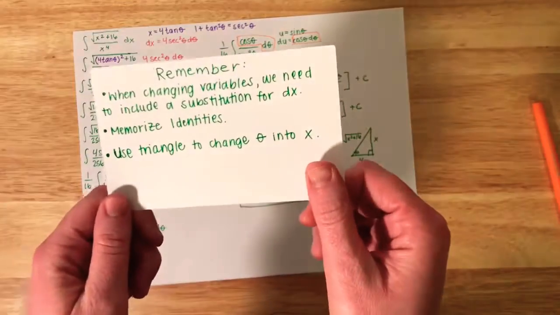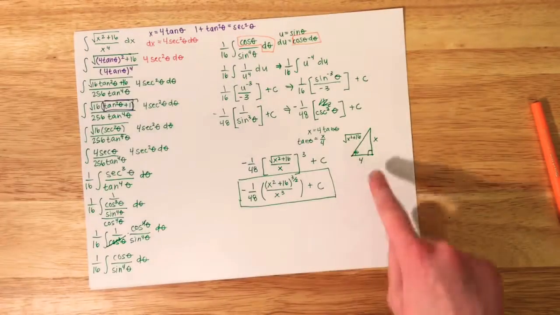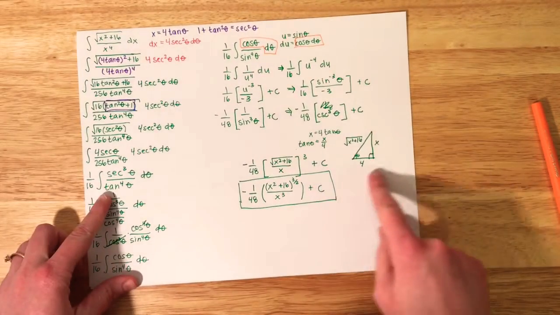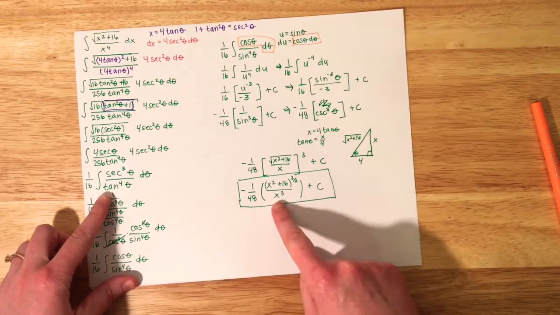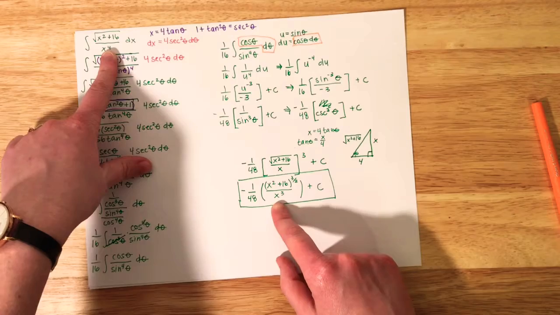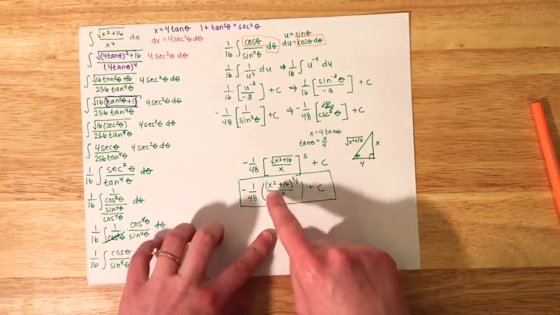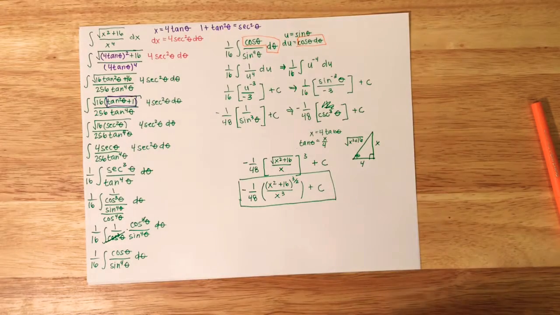And then finally, use the triangle to change theta in terms of x. So we need to use this triangle here to make sure we get back in terms of x, because that's what we were asked. We weren't asked in terms of theta. We just made that substitution to be able to solve, so we need to put it in terms of x.